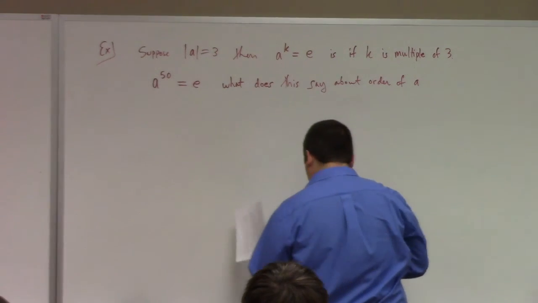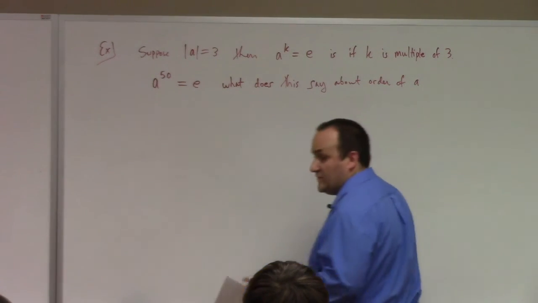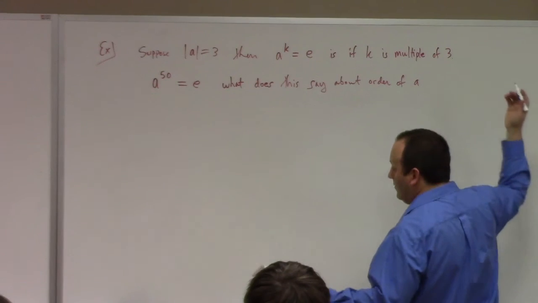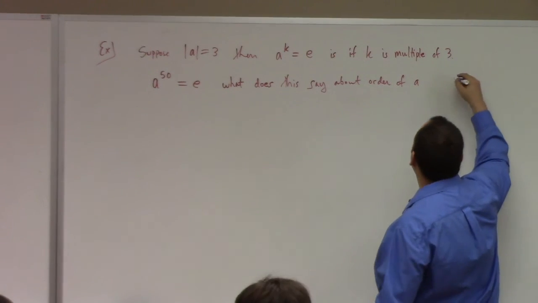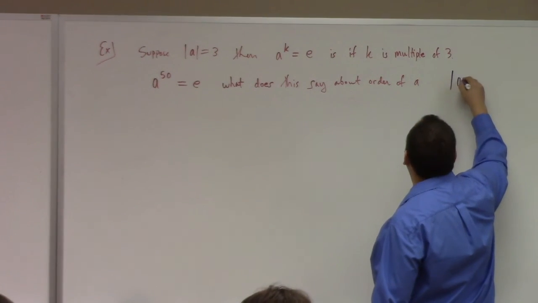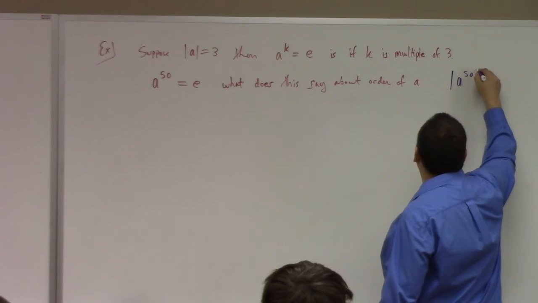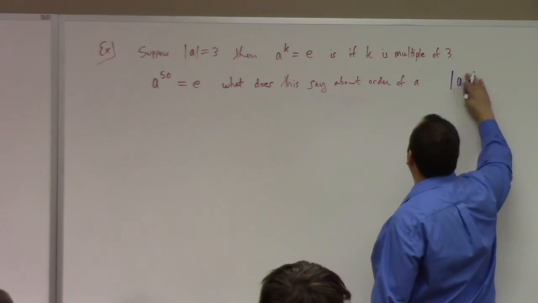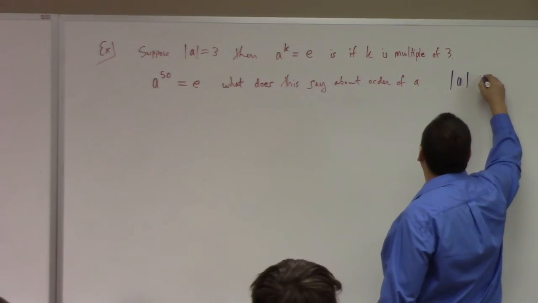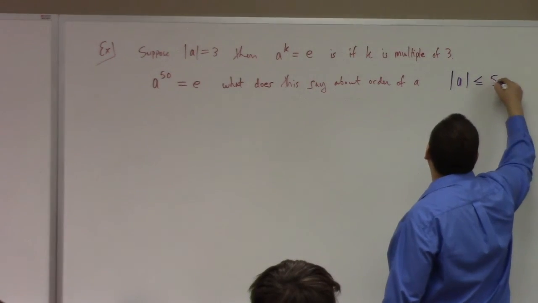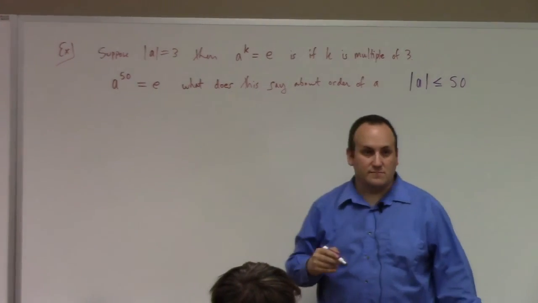Now, before we had the theorems we had today, we've been saying, okay, if a to the 50th is e, the order of a is at most 50, because by 50 we're back to the identity.